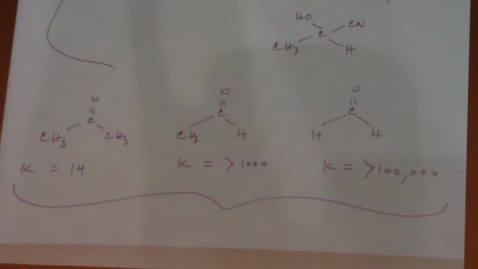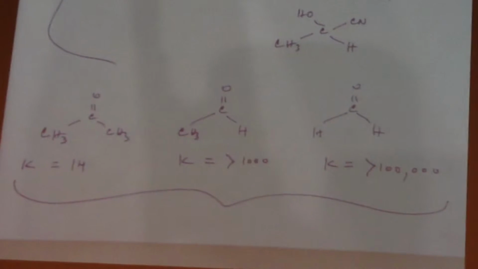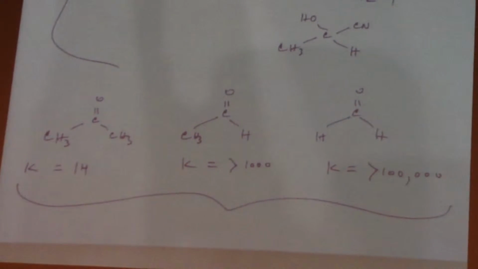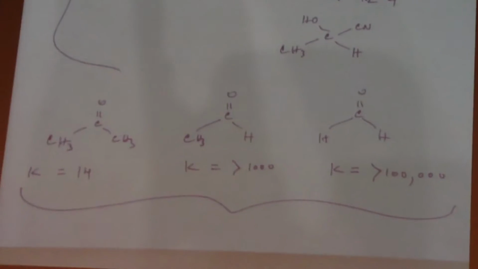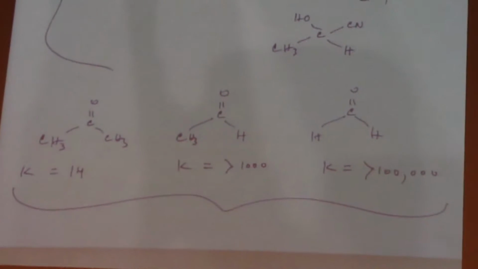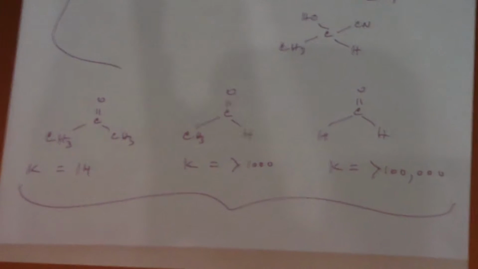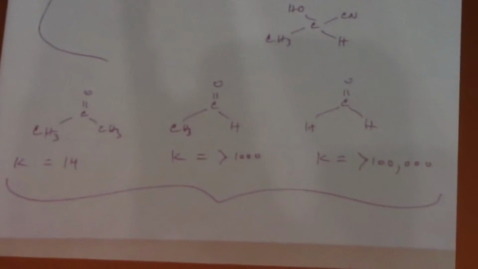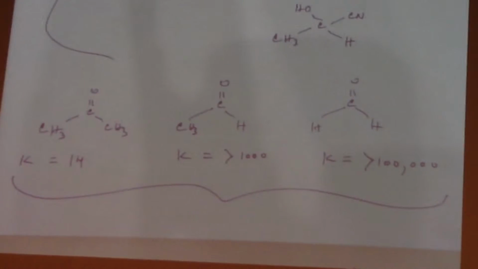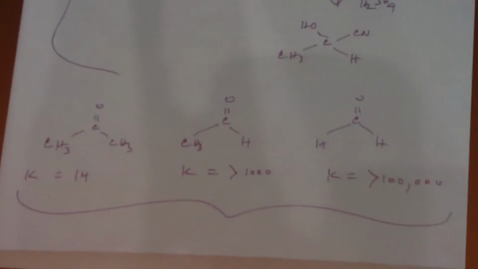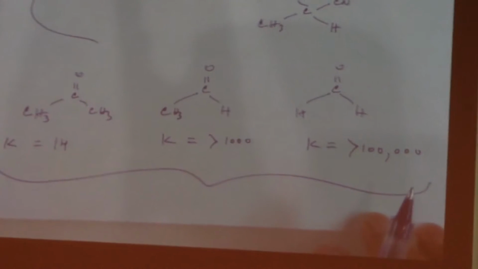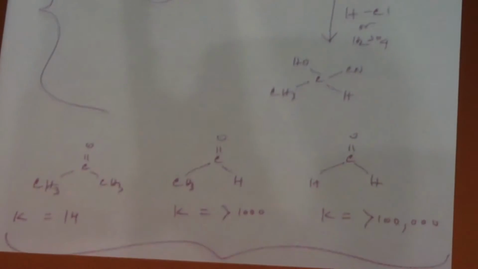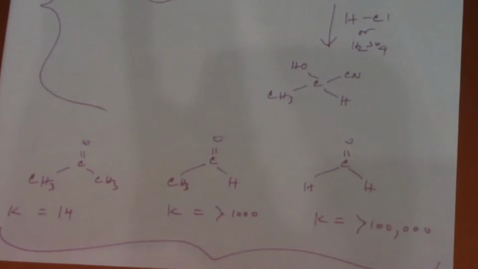So in theory, this follows the same trend. Now, one of the important things about cyanohydrin formation is that you not only change the sp2 hybridized carbon to sp3, but also you generate a new carbon-carbon bond. So cyanohydrins can be converted to other products, as we'll see later.